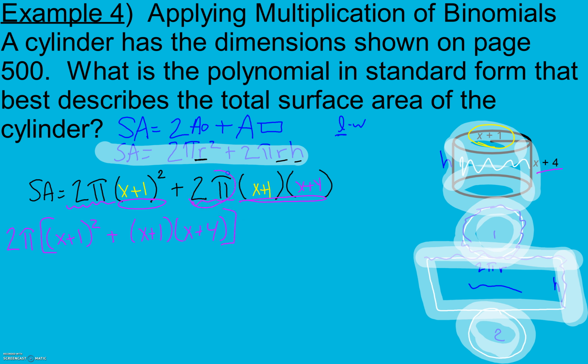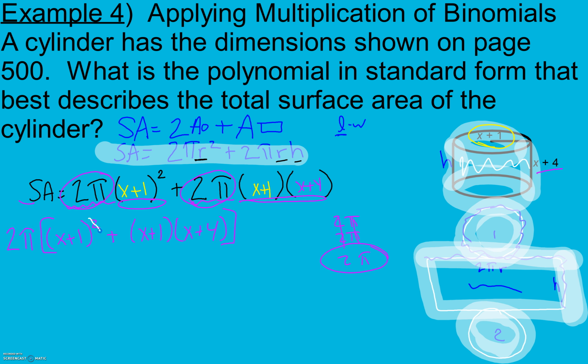So again, I just took out my greatest common factor. It's like our columns that were the same. Okay, that goes in front, and I multiply by everything that's left.